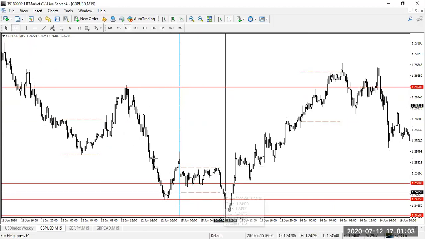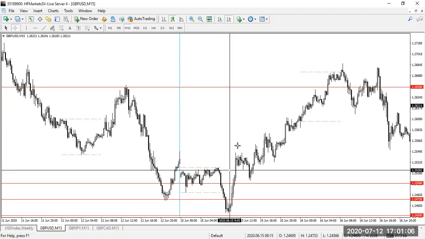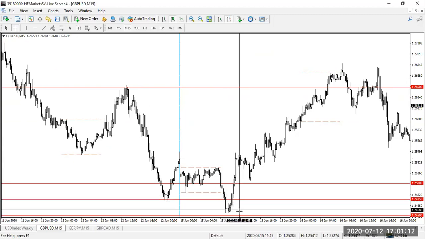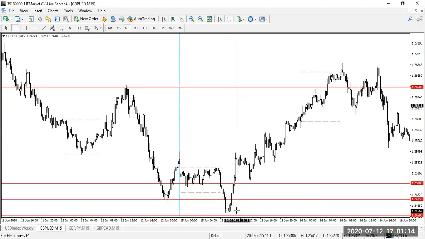This is the Asian box. And before price goes up, we expect that price will clear this Asian low and go down for some 25 to 50 pips.